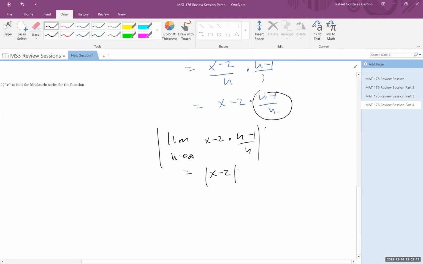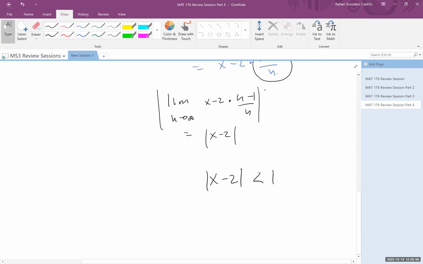For the power series to converge, it has to satisfy the absolute value of x minus 2 being less than 1. That's what we have to satisfy, which means x minus 2 has to be less than 1 and bigger than negative 1.